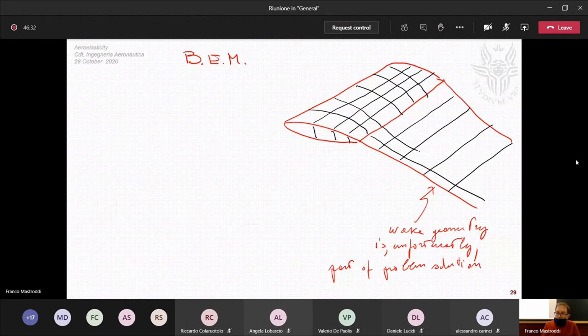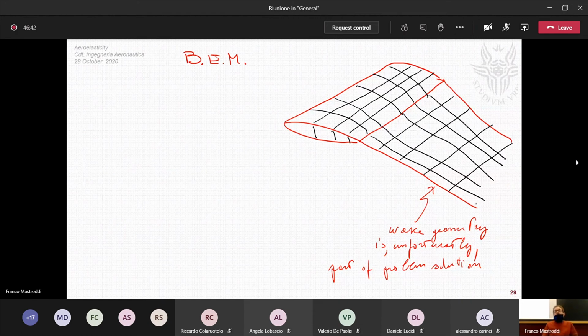I am trying to consider, as CFD people say, a structured mesh, not an unstructured mesh. It's a very easy, stupid mesh. For CFD people, this is not a mesh. It's too stupid to be a mesh. Okay, I want to be stupid.